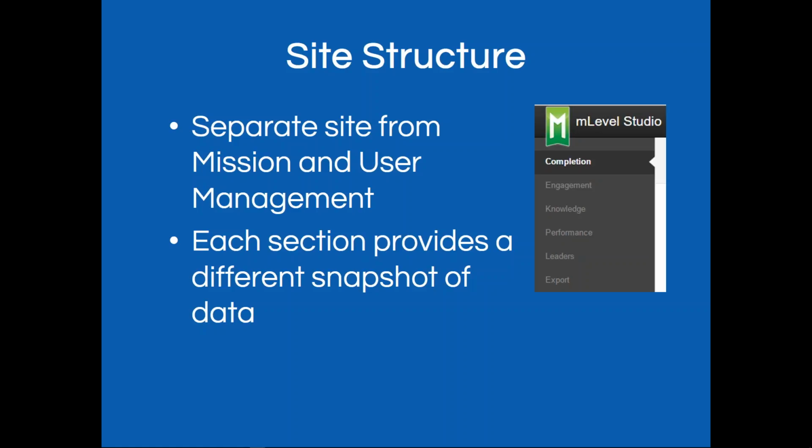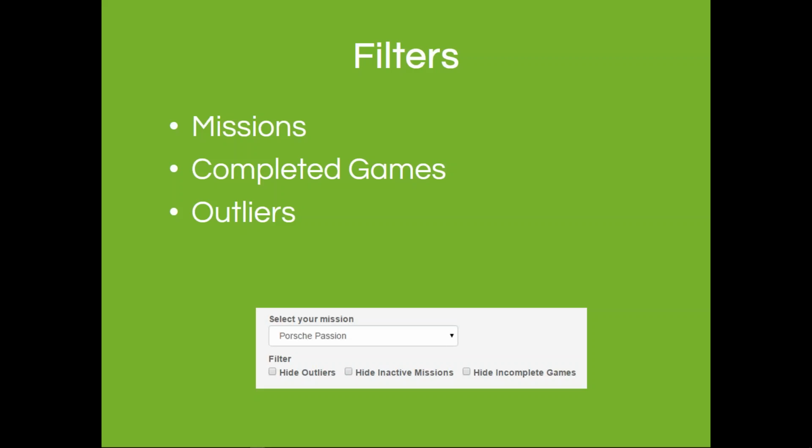The knowledge section, which is gauging the actual knowledge growth and retainment within these missions. Performance, which is how people have performed over time. Leaders, which is, like I said, a leaderboard view of things that actually gives you the ability to see that group level data. And then export, as I said, was the kind of beginning point of this site altogether.